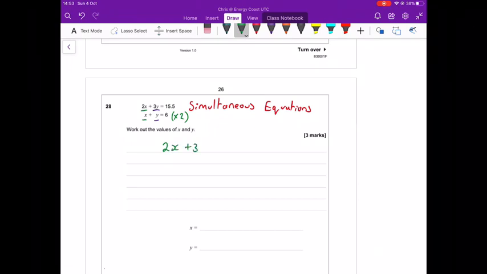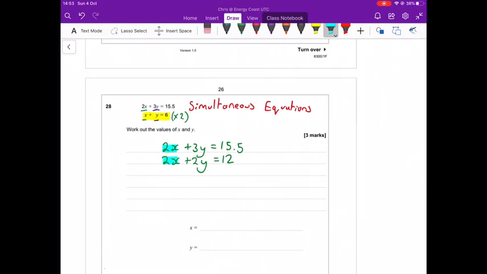So I'm going to rewrite the top thing, 2x add 3y equals 15.5, and I'm going to double the whole bottom line. So I'm going to double this yellow line here, okay? If you do that, you'll get 2x plus 2y equals 12, okay? So see what I mean?